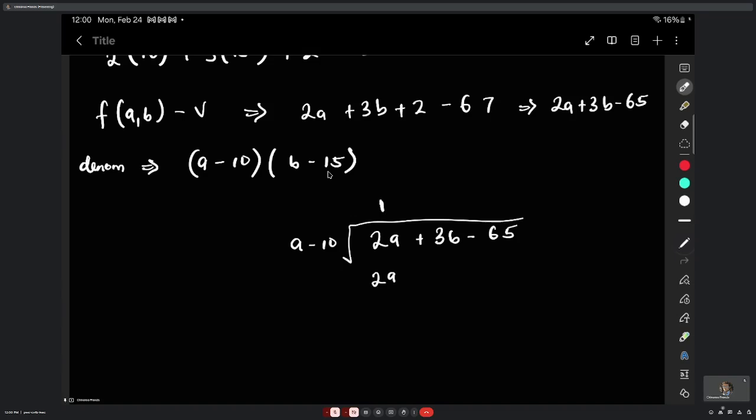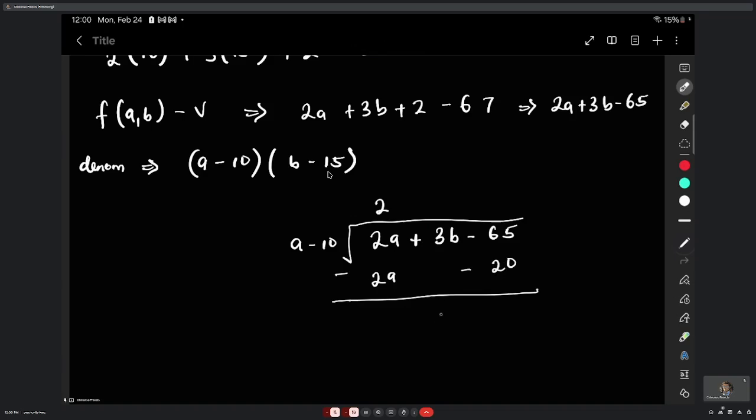Let's use partial fractions to separate, then we won't divide. So 2 times A is 2A, minus 20. So this term goes off.